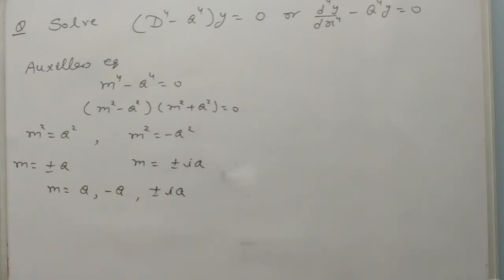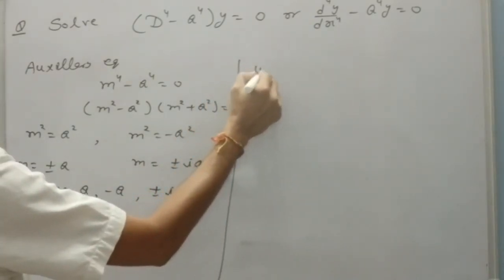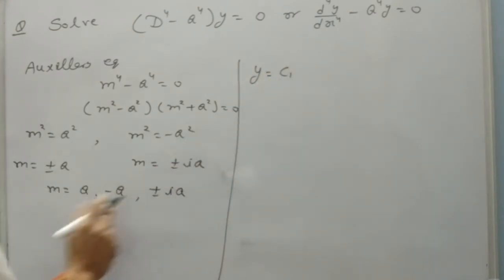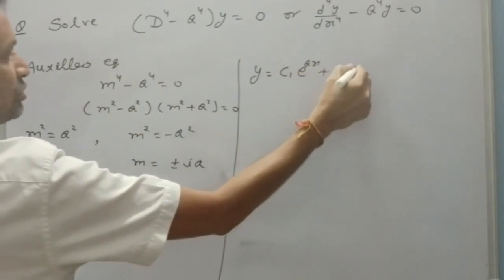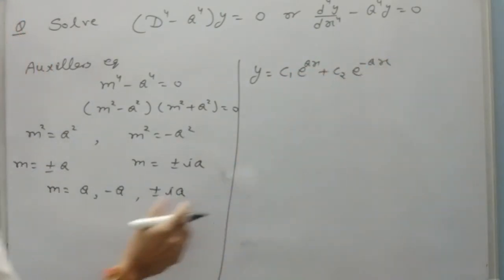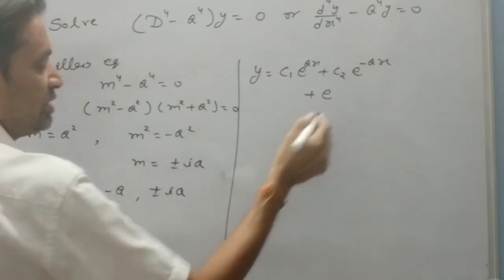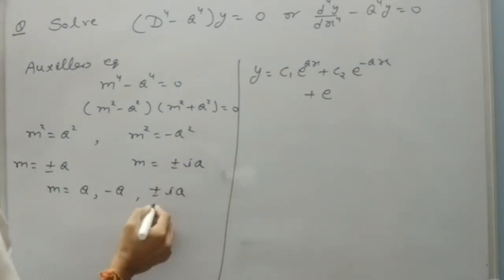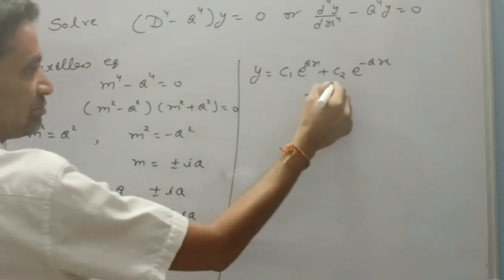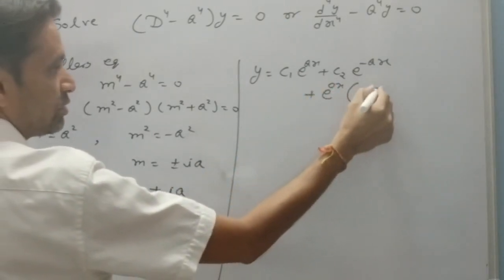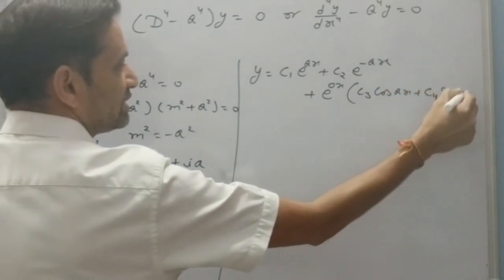So we can say the solution y is equal to c1 e to the power ax plus c2 e to the power minus ax for the real and different roots, plus e to the power 0x, for 0 plus minus iota a, c3 cos ax plus c4 sine ax.